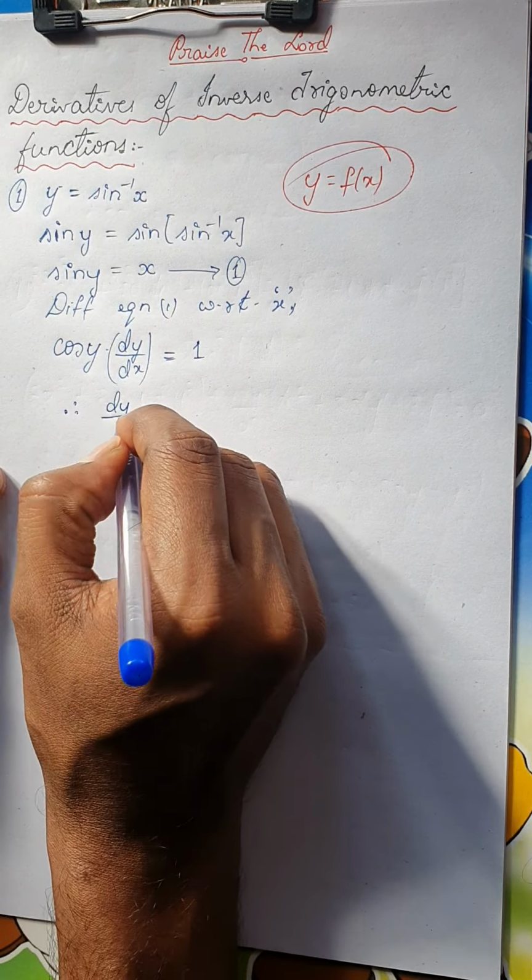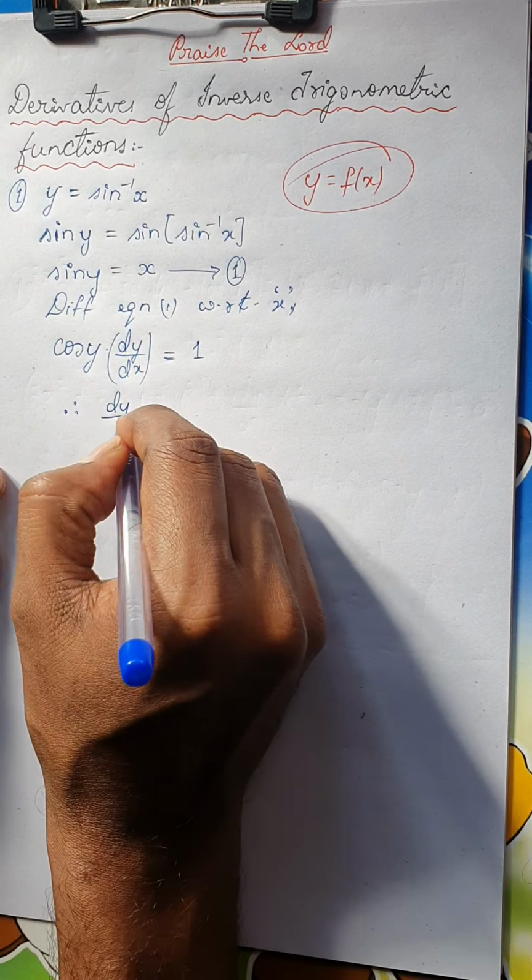Now remember, you should know the proper basics of trigonometric functions. How can we write cos in terms of sine? Can you tell me? Yes, I hope you guessed it right. Based on the basic identities of trigonometry, which you all know, there are 3 basic identities: sin square theta plus cos square theta is 1, 1 plus tan square theta is secant square theta, and 1 plus cot square theta is cosecant square theta.